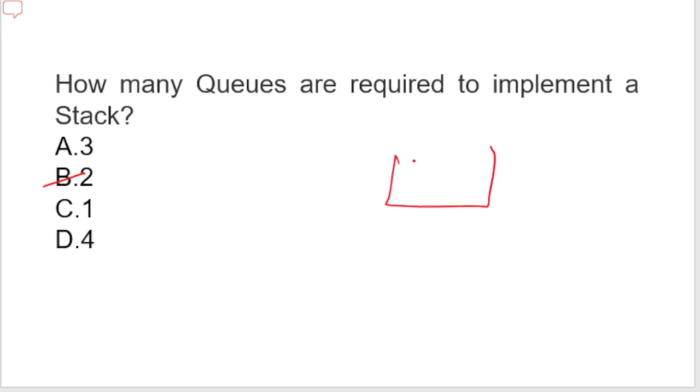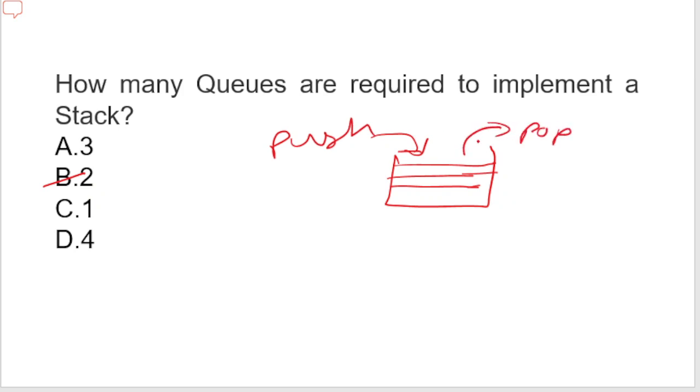So stack is like that. If we are inserting an element, it is called push, and if we are removing an element, it is called pop. So we will require two queues, one for push operation and one for pop operation.